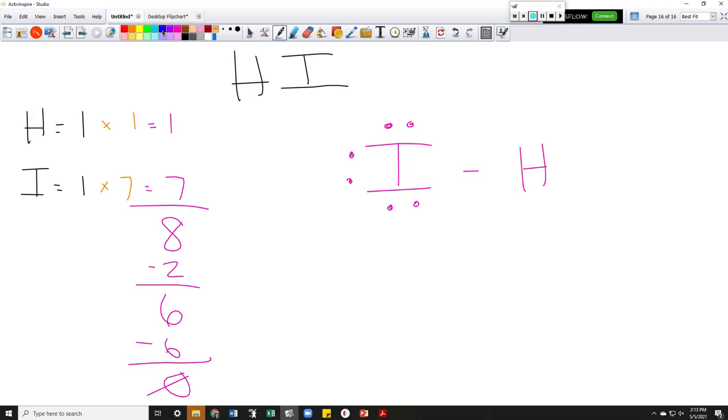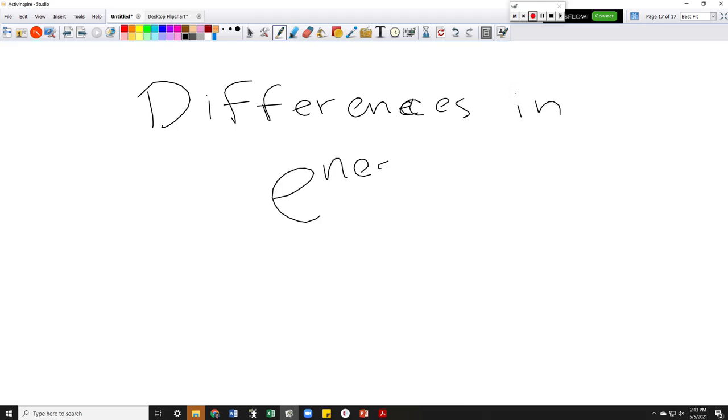So my next question is, what causes polarity? And I actually want you to write this above where it says polarity of molecules. What causes it? Differences in electronegativity. Very good. Yay! Differences in E-neg. That causes polarity.